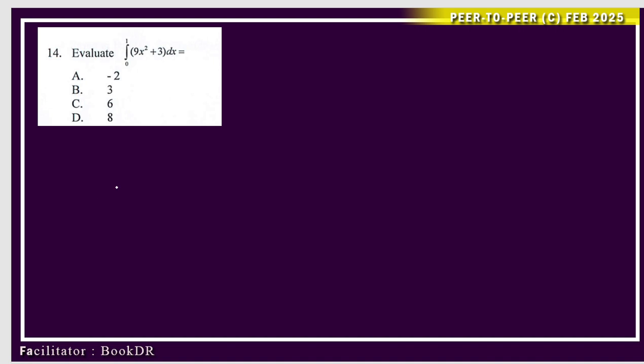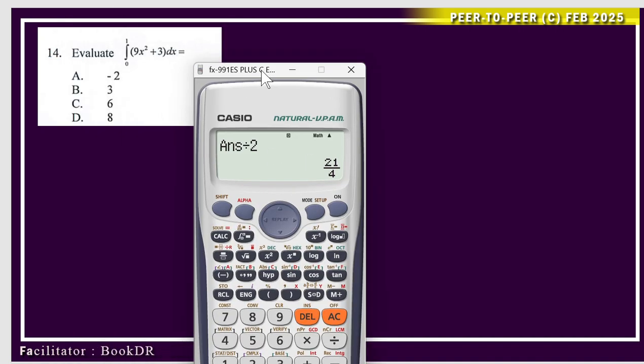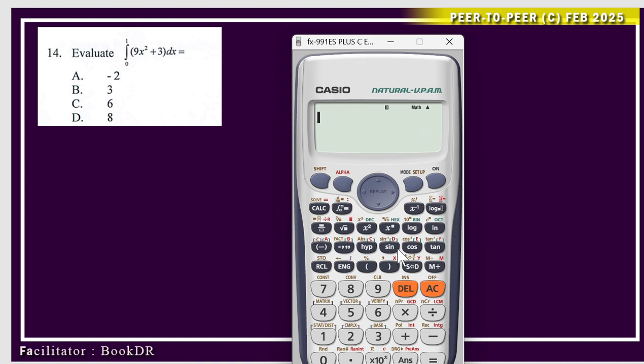We are integrating this function from 0 to 1. This is an objective question, so let's learn how to do that with a calculator. So we come here, you press this key, and you program the function. So it is 9, then alpha, close bracket to get your x. You put the square on top, then take plus 3, then we navigate.